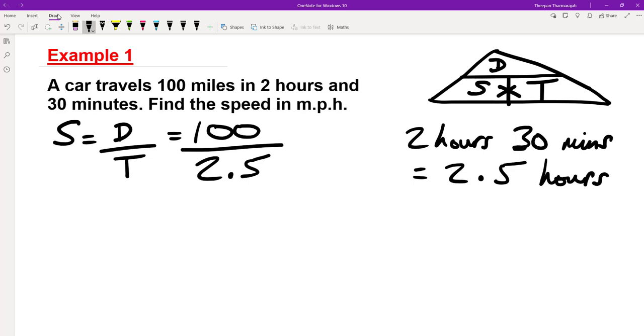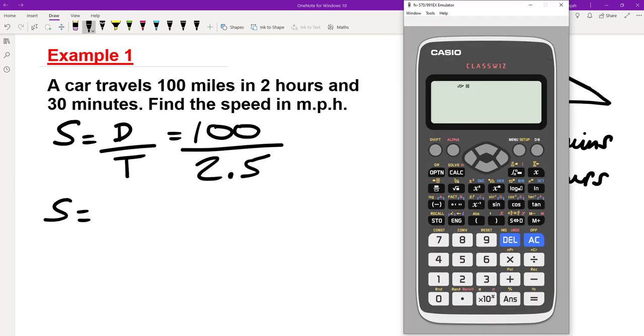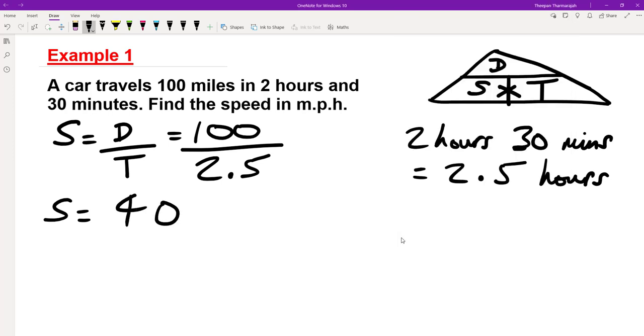So we're going to divide this. We're just going to do 100 divided by 2.5. Gives me 40. So I get 40 miles per hour.